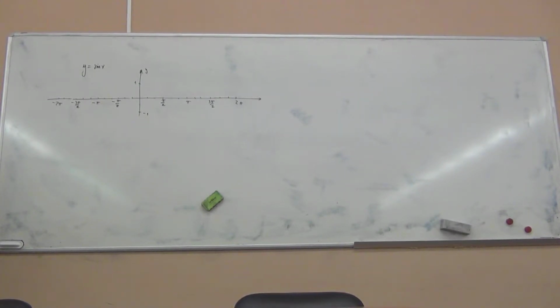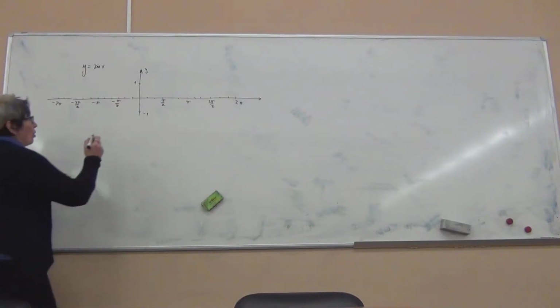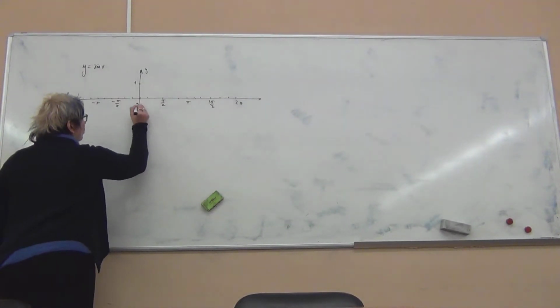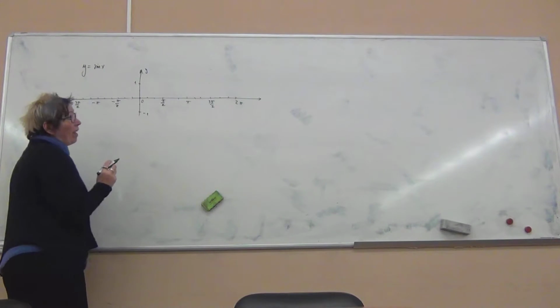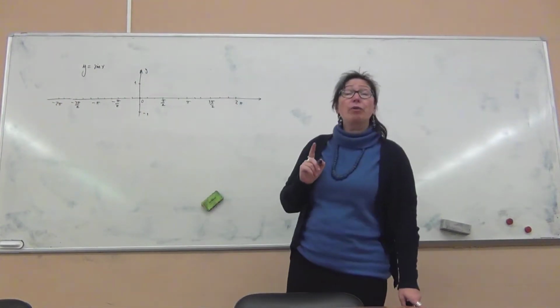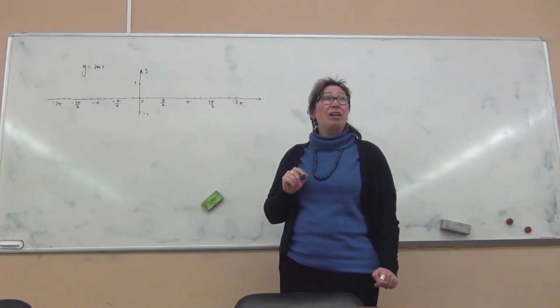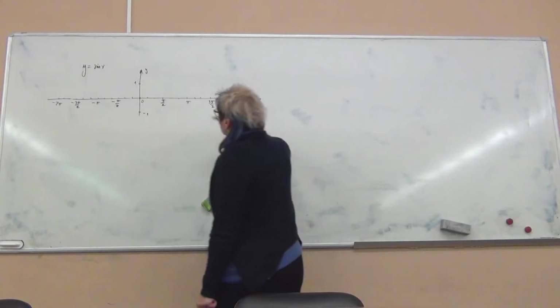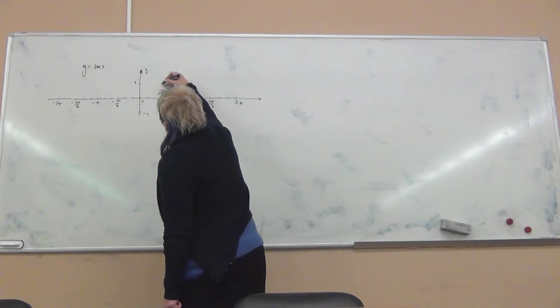So now let's remember the graph of the sine function. If x is 0, sine of 0 is 0, so it's the point at the origin. Now, if x equals pi half, 90 degrees, then the sine value is 1. So it's this point.